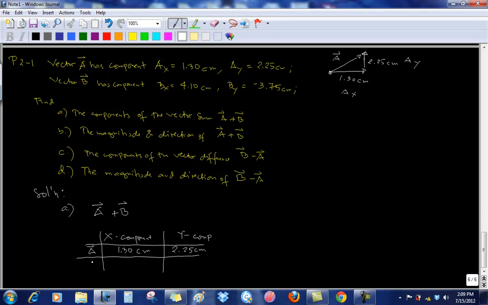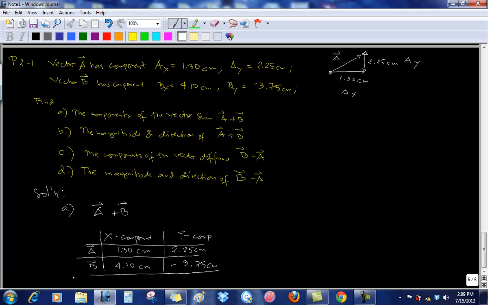How about vector B? Vector B has x component BX, which is 4.10 cm, and BY is negative 3.75 cm.